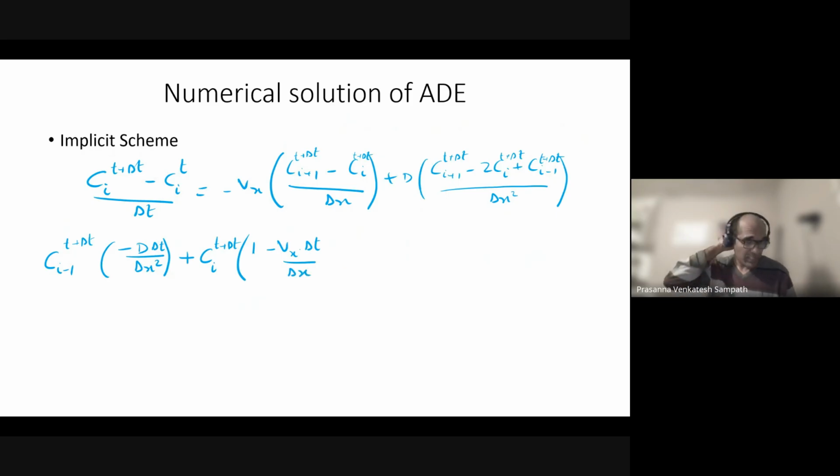This is the Ci term from here, and then I have another Ci term here. It has minus 2d delta t by delta x square. When it comes over to the left hand side, it will become plus 2d times delta t divided by delta x square. This is the coefficient for the term Ci at t plus delta t.